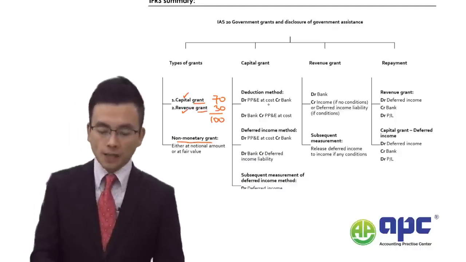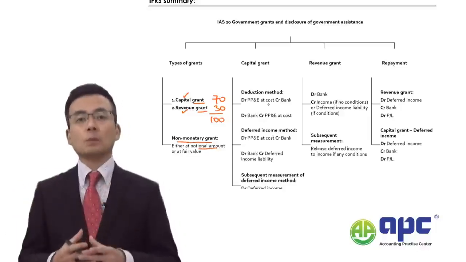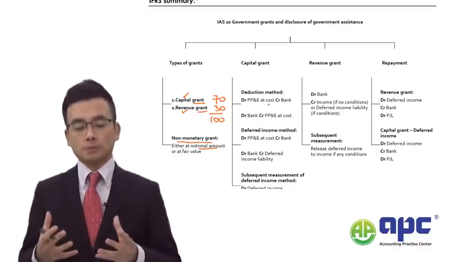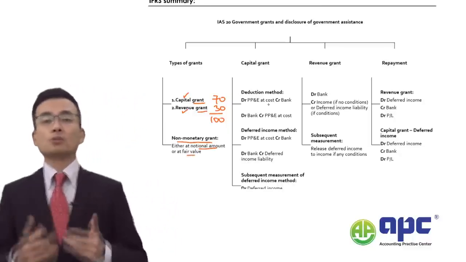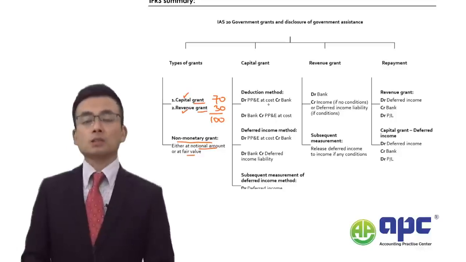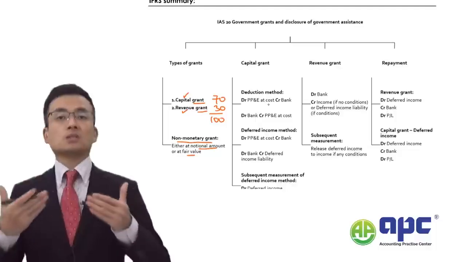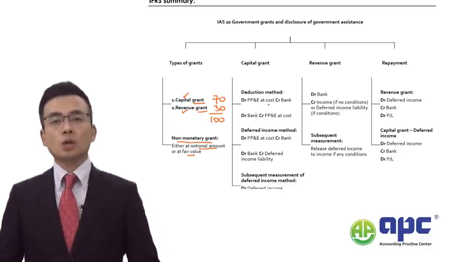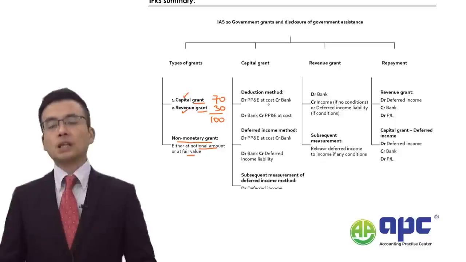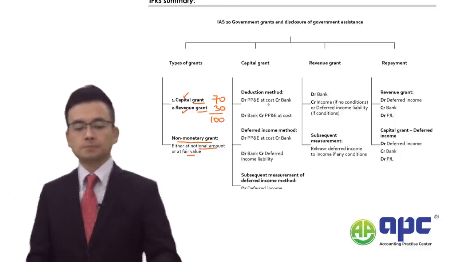You can either recognise those certificates received from the government at a notional amount, usually $1, or at fair value. In other words, you benchmark according to the market prices of those green certificates, how much net proceeds you can get. You can recognise those certificates at fair value and bring that to your inventory in your SFP.